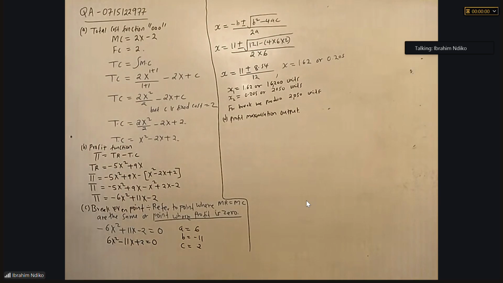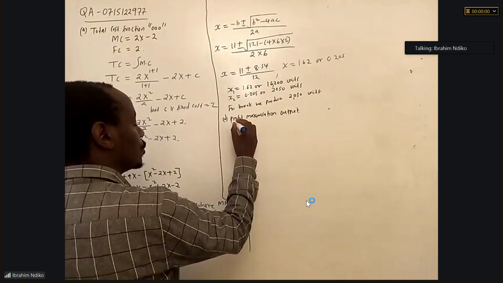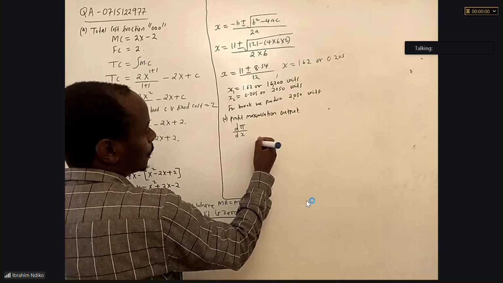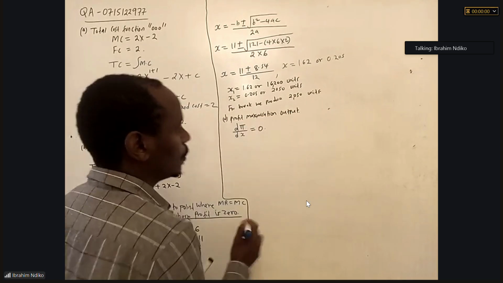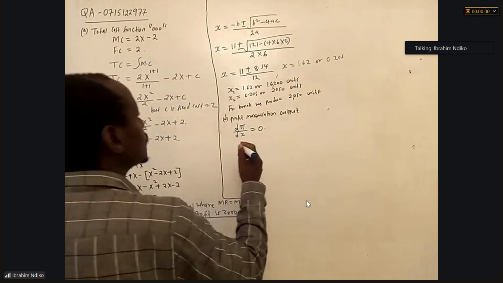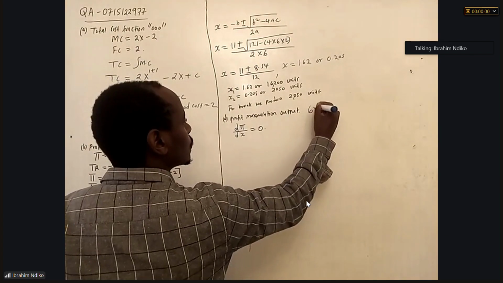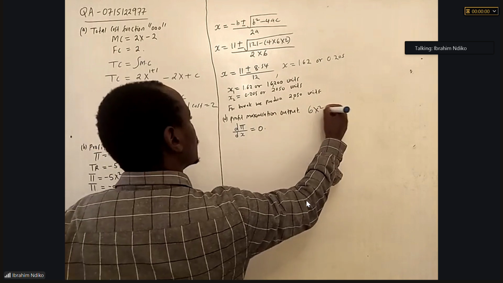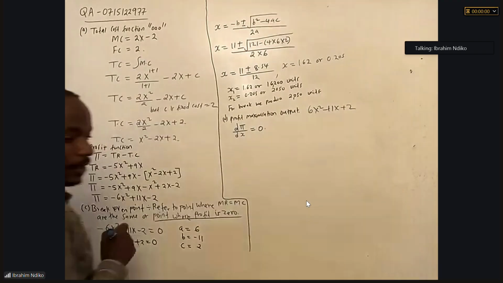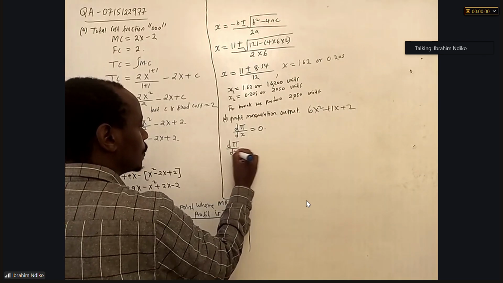In this case, we find the first derivative, the change in the profit function over change in x, which must be equal to 0. Remember our profit was 6x squared minus 11x plus 2. So we find the first derivative, change in profit over change in x.